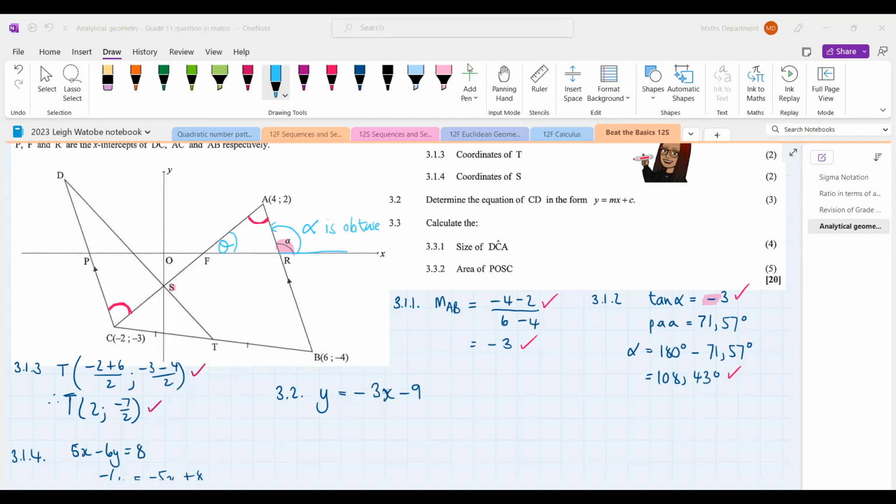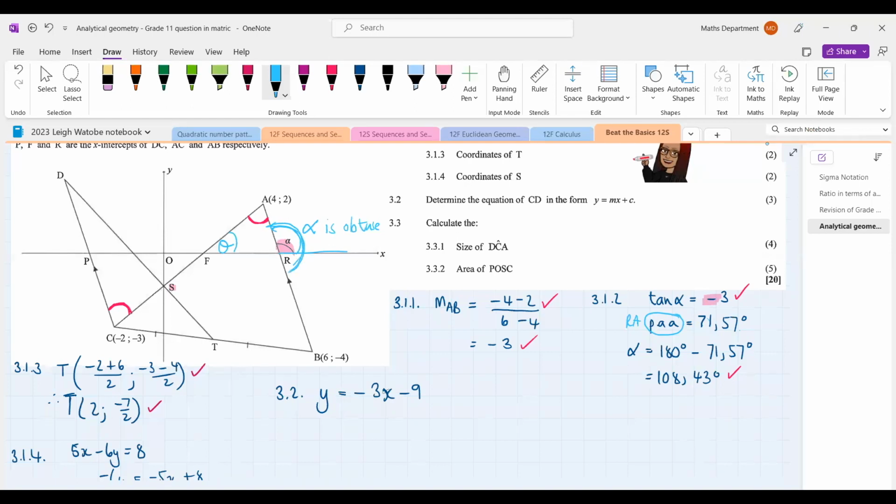Good. Natalie? Yes, ma'am. Okay, so that's why you either work out a PAA or you might work out an RA, whatever the case is, only using your ratio. So you'll go shift tan, put in your 3, you get 71,57, and then you've got to take that away from 180. Remember, this is 180 degrees here.